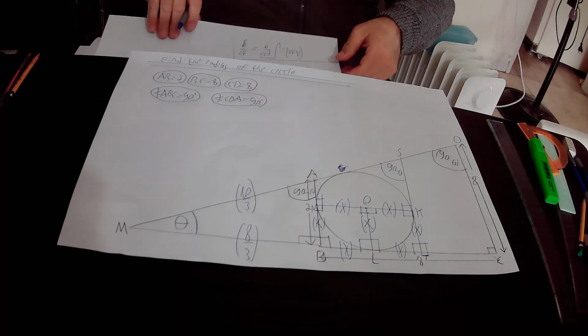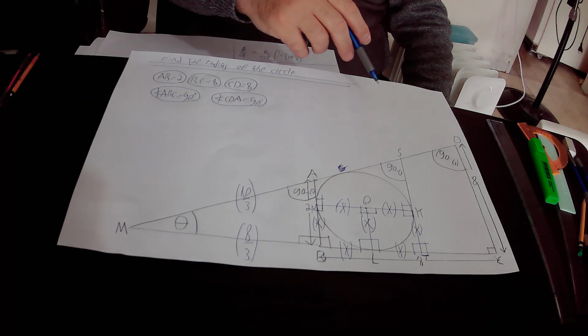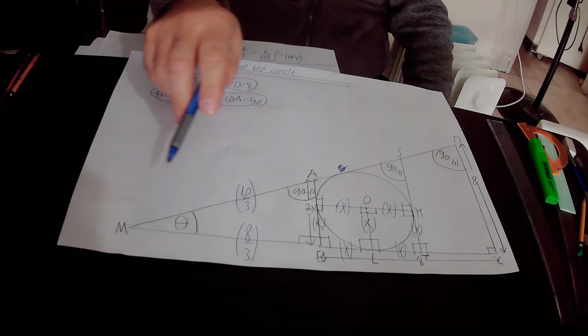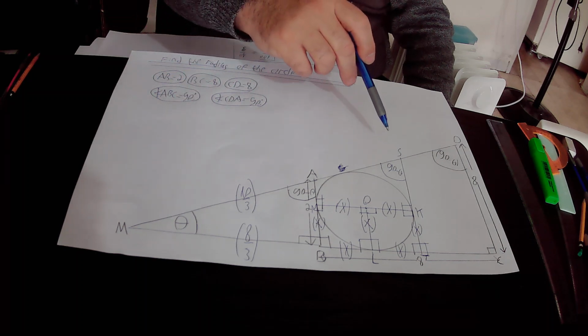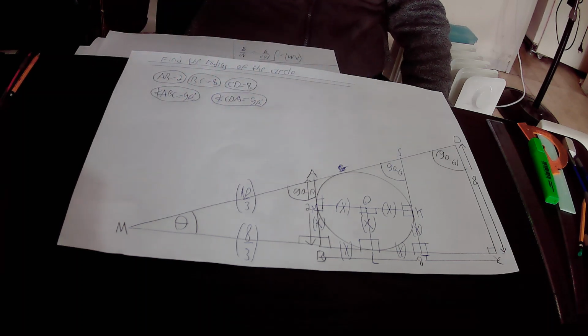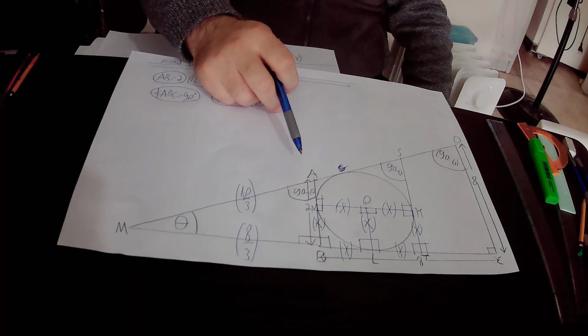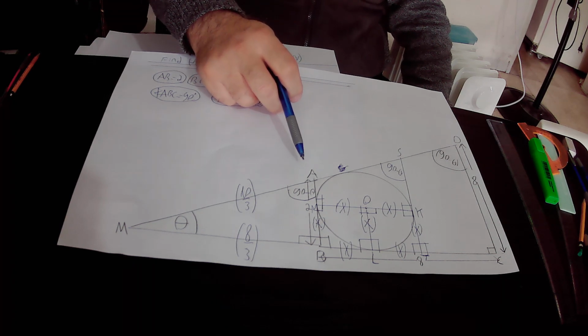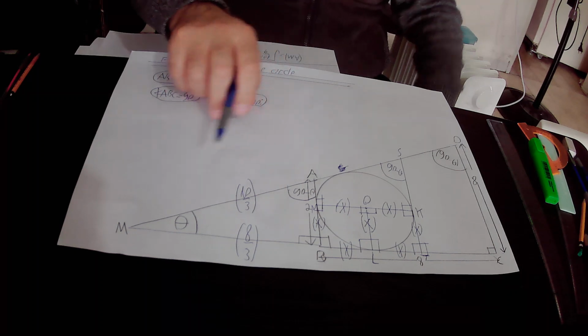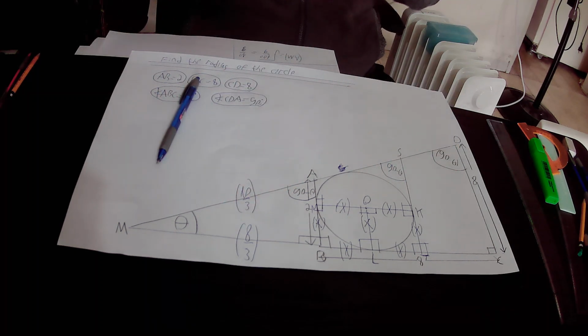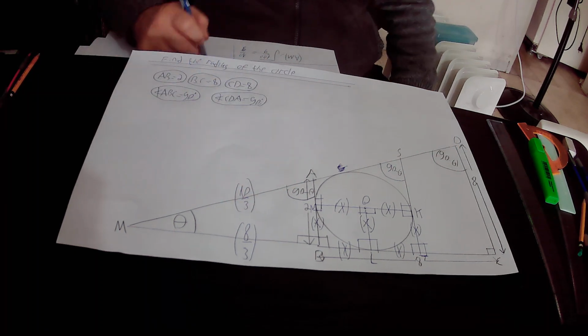In the next step, we will prove that the right middle triangle STM is similar to the right smallest triangle, triangle MBA. That those two right triangles are similar to each other. So I will write it down.